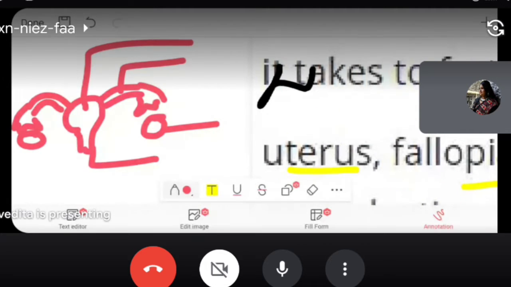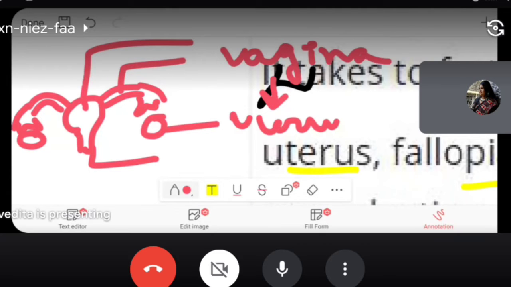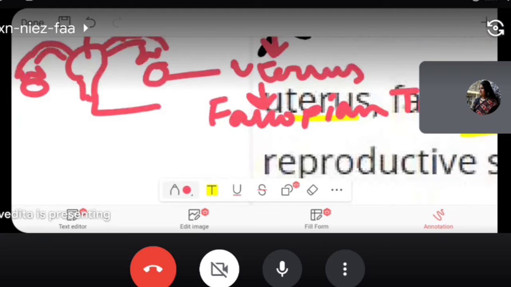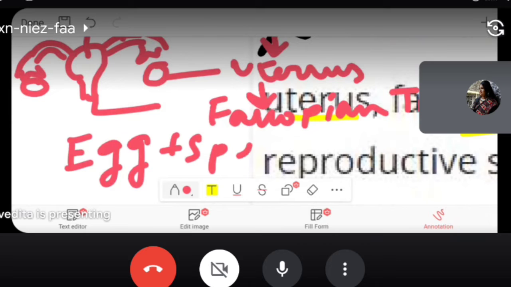Then you will do a flow chart: at first the path is the vagina, after that the sperm will come inside the uterus, after that from the uterus it will come to the fallopian tube, and at last, in this fallopian tube, the egg and sperm will be fertilized and then it will form the zygote.